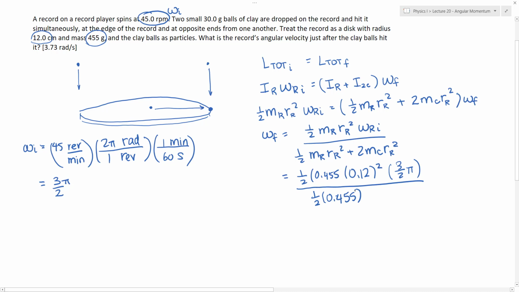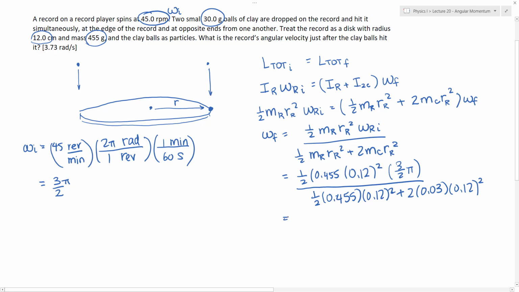The radius of the record is 0.12 squared plus 2 times the mass of that clay. The clay balls are 30 grams, so we just need to change that to kilograms, 0.03. The radius is the distance between where the ball of clay lands and the axis of rotation, so it's still the radius of that record, which is still 0.12, and it's all squared.